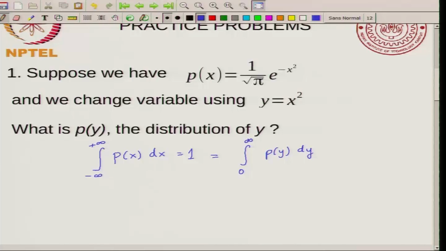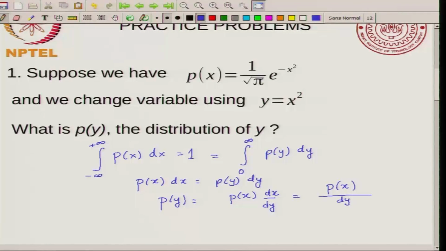So, when we make this transformation, you have to satisfy this condition. What we do is we choose a transformation that satisfies p of x dx equal to p of y dy. So, we choose a transformation that satisfies this, and you can show that this works out to be p of y equal to p of x into dx by dy, and I can write this as p of x divided by dy by dx.